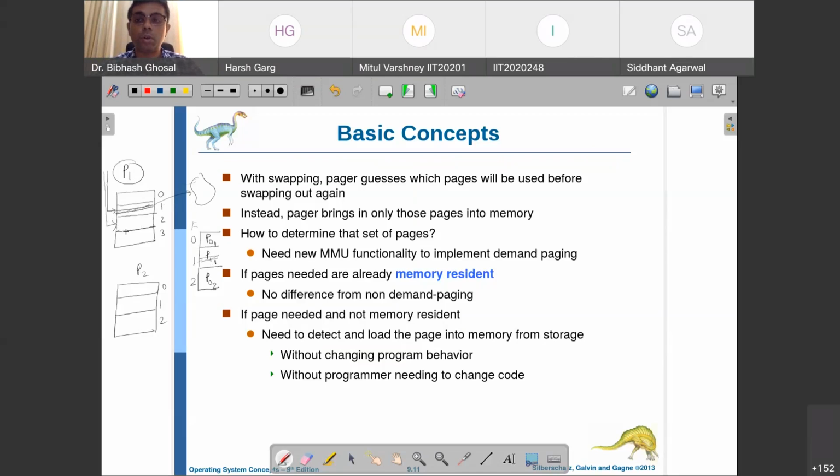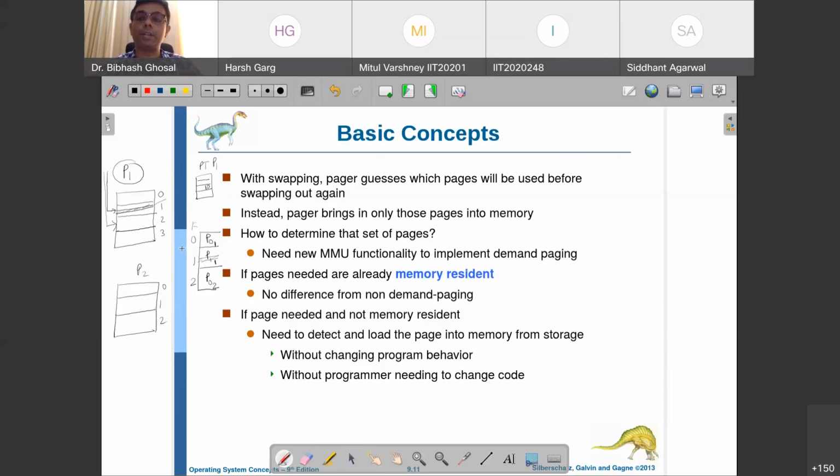Next time, there is an address which is generated for page number 2 of process number 1. I look up the page table of process P1 and I find that for page number 2, there is no valid entry. This bit is a 0 here.